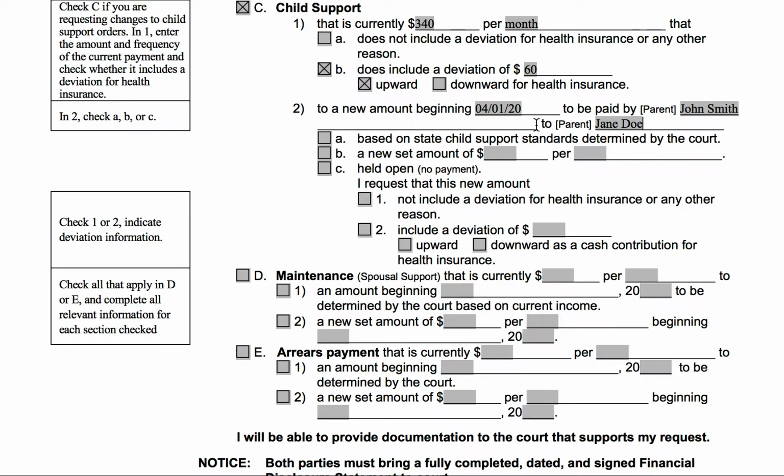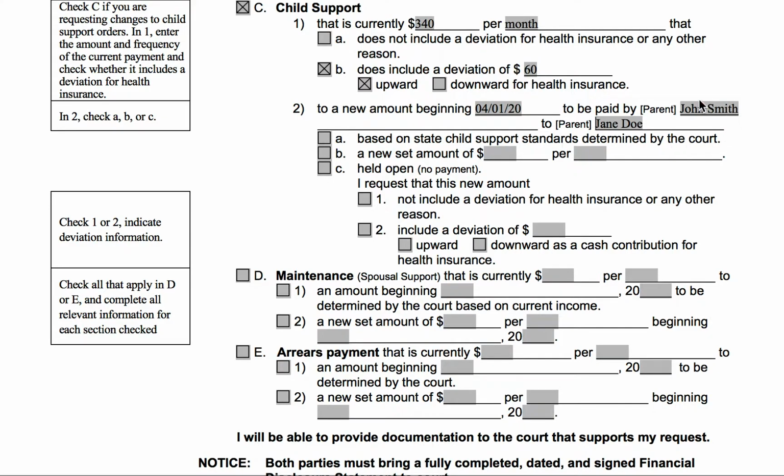So from Jane to John, and again, I told you the spacing on these new forms is very strange, so we've got this weird box here. But anyway, these three options are the three things you could be asking to change it to. A is if you just want the court to recalculate your support based on the child support standards.